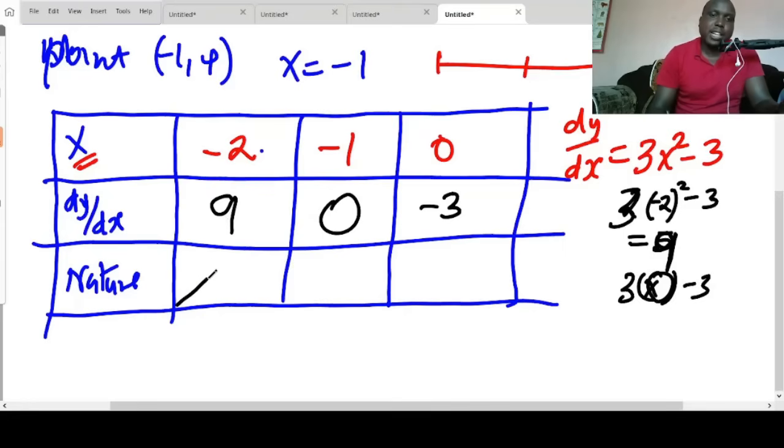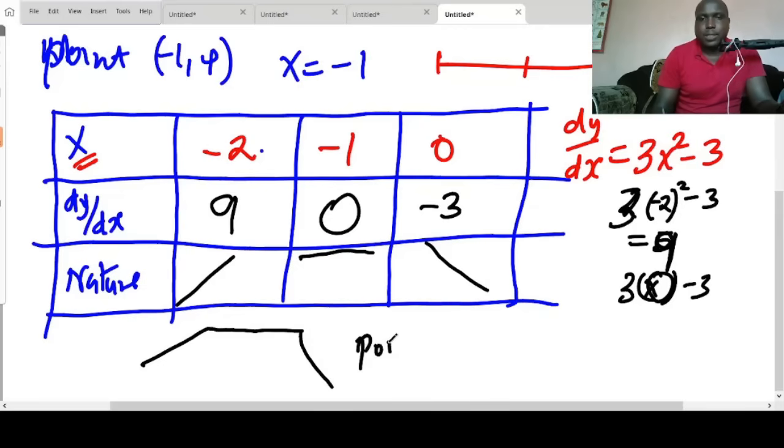So positive goes like this. This is because it has risen, it will be up there. Then this one is going down. You see? Now this is the nature, the diagrammatic representation for this one will be this, this, this. Meaning that point (-1, 4) is the maximum.